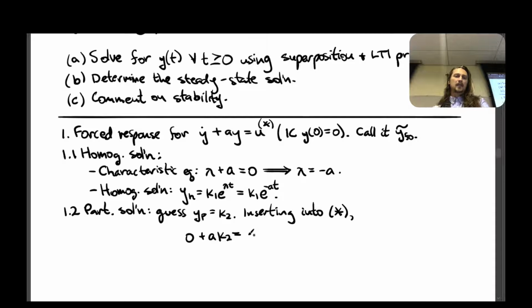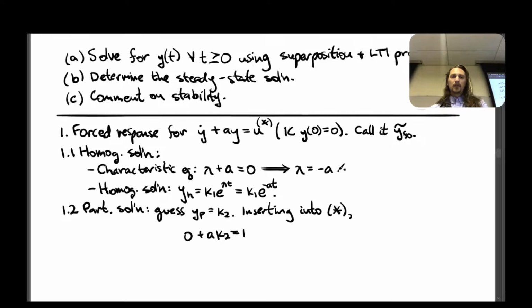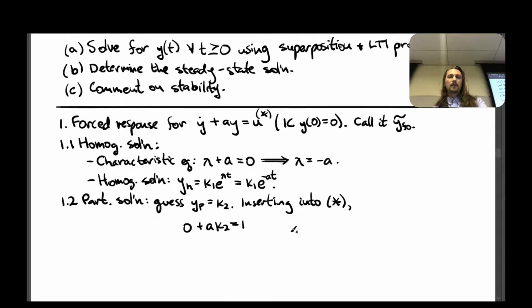That's the solution we're looking for, for all time greater than 0. So that input will be 1 because it's the unit step function. That gives us a solution for k2 equal to 1 over a. So we have determined the coefficient for our particular solution. Therefore, the particular solution is equal to 1 over a.